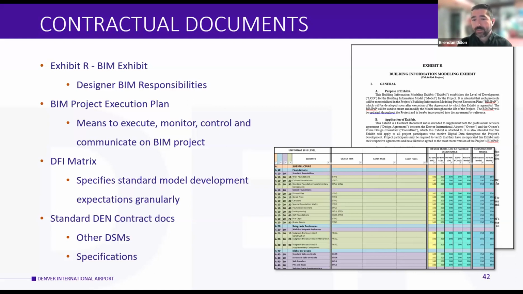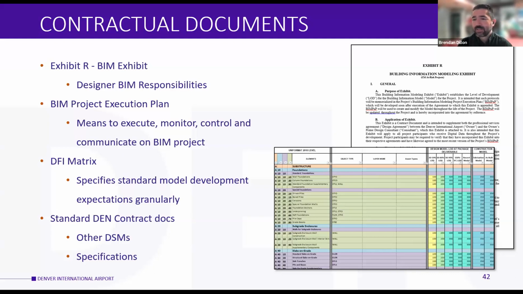Well, we have our standards. So really what we're using the execution plan for is more in terms of defining exactly what might be special about this project, defining the scope, defining the stakeholders, defining who is going to be responsible for what, and then any exceptions that may be appropriate for a particular project. We try to avoid the exceptions, but exceptions do happen.